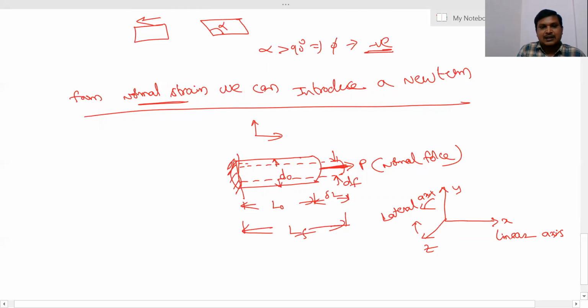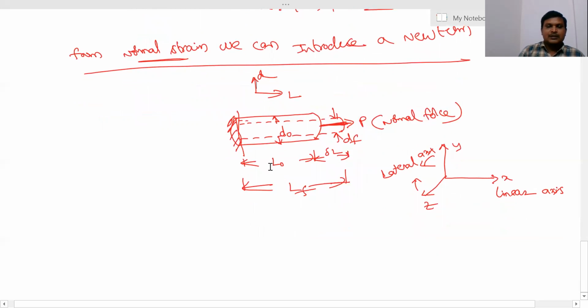In the x direction there is length, and in the y direction there is diameter.